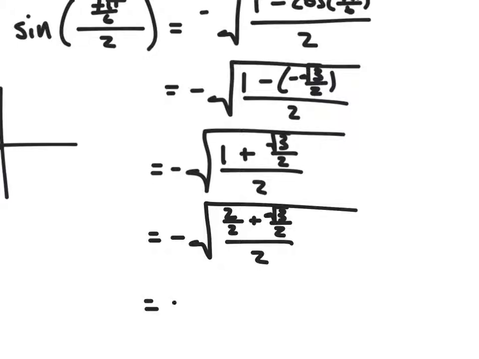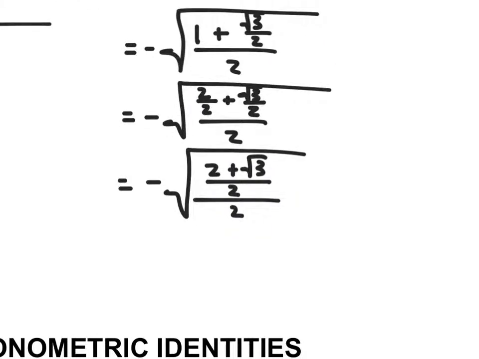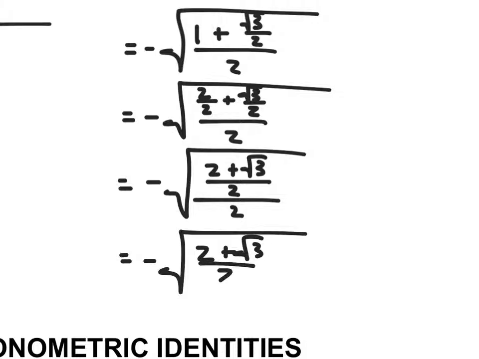And so then I've got negative square root of 2 plus the square root of 3 over 2, all of this over 2. So underneath that radical, negative square root of 3, I've got 2 plus the square root of 3 over 2.